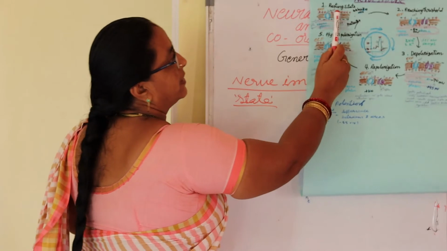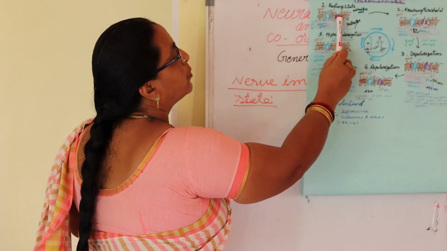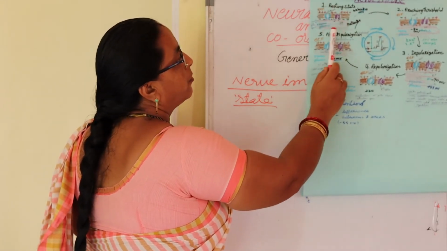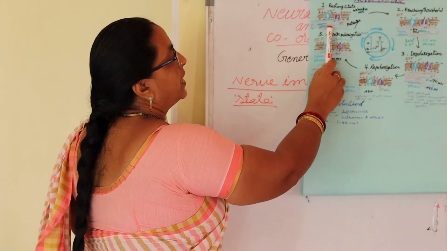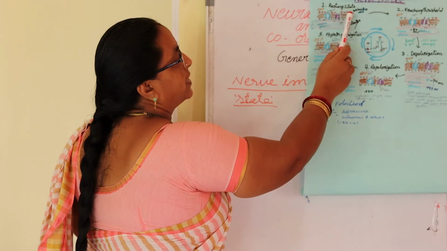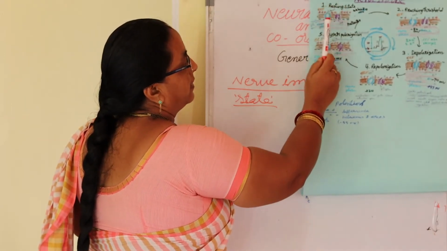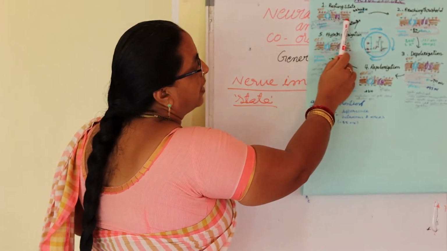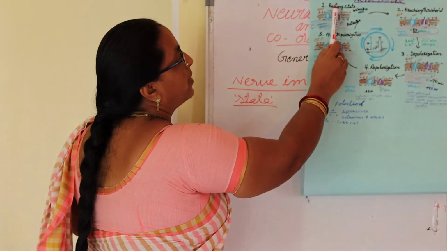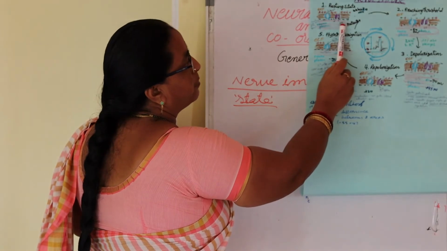Previously we discussed the axolemma, the sodium gated channels and potassium gated channels, and here the extracellular fluid and the exoplasm. In the resting state, positive charges are on the extracellular fluid side and negative charges are in the exoplasm. Here sodium ions are present and here potassium ions are present.